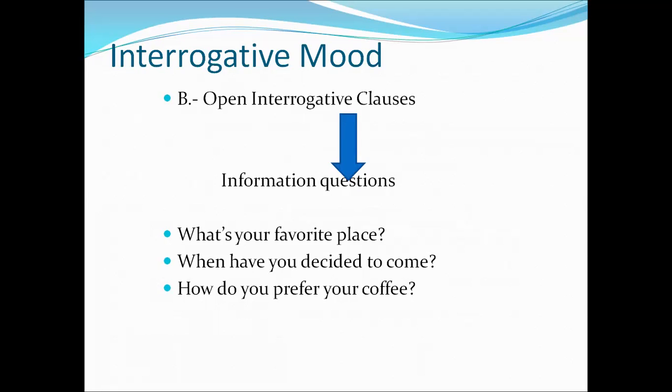So here, the person who is asking expects varieties of answers, different types of answers. There's no fixed answer, like yes or no, this or that, right? They are called information questions. And the first one is called confirmation question because of this.